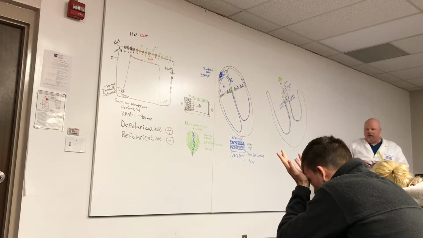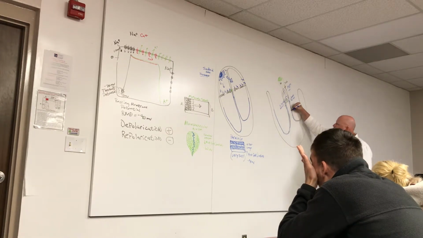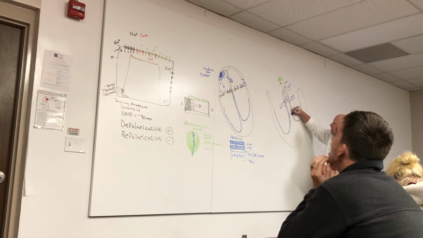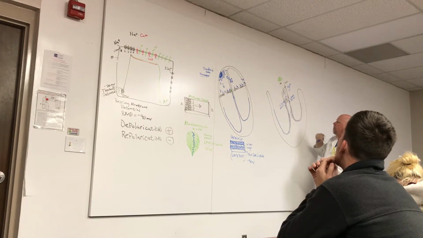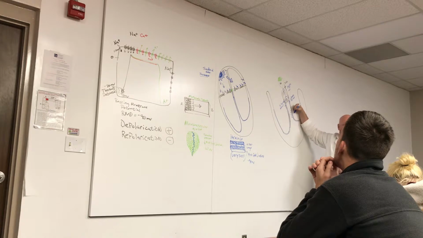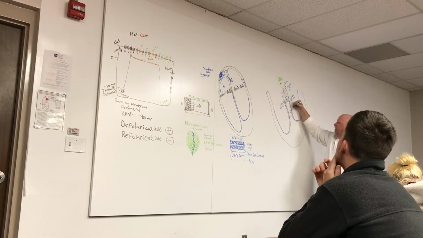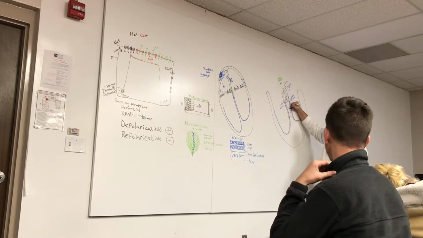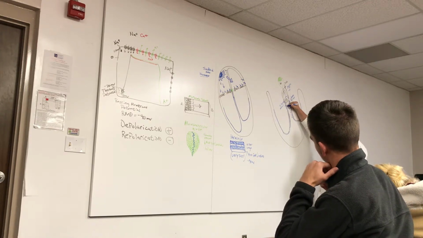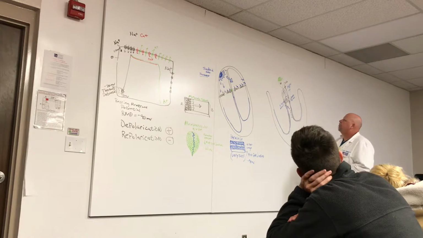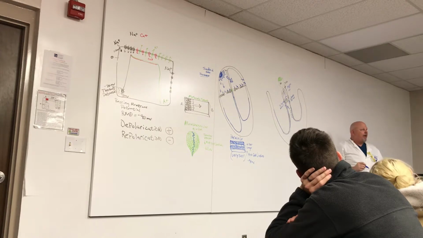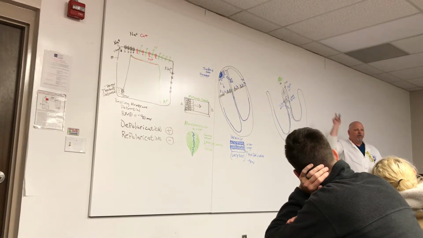So the wave of depolarization, these arrows representing it, goes which way? We end up with a vector that is going up and to the right.